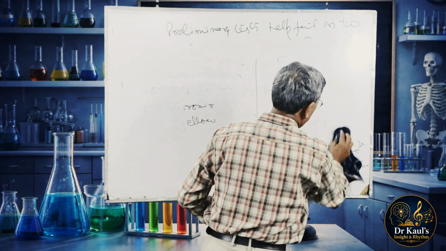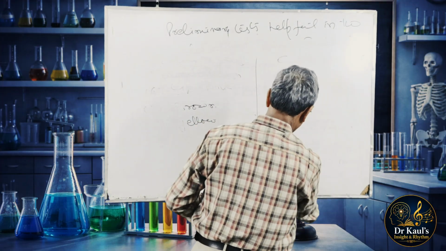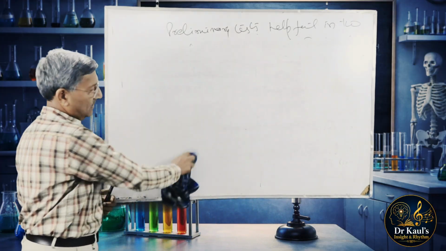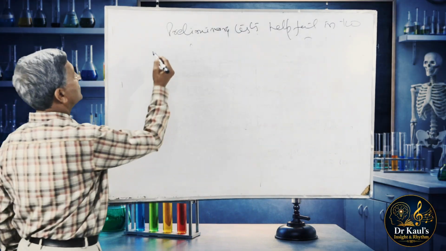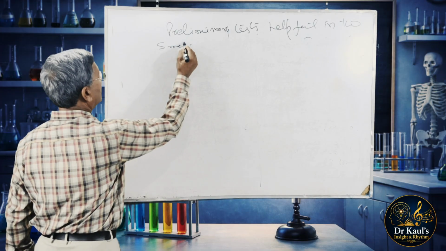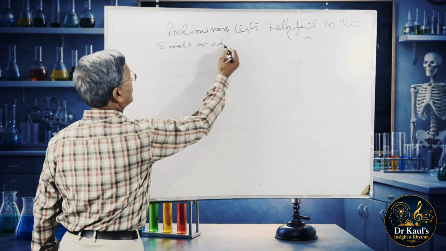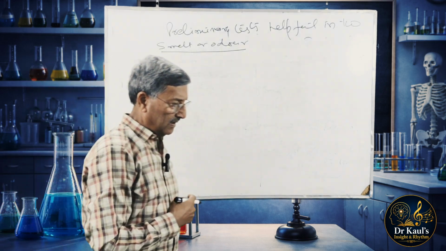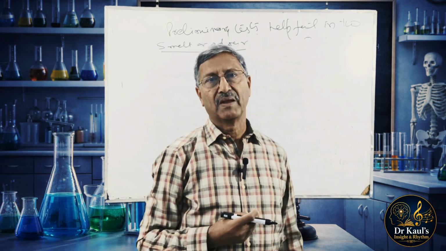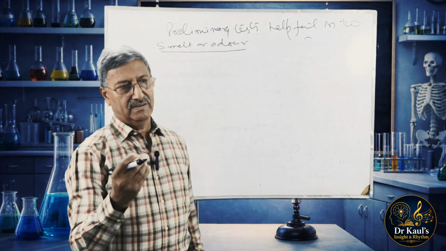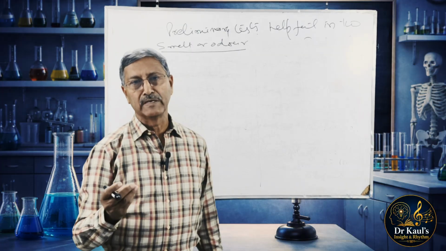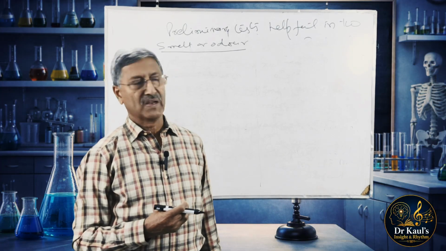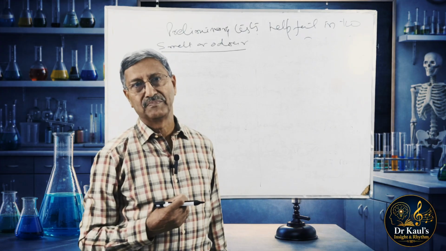Now, we come over to the second observation, that is smell or odor. We take the salt and just rub it between the fingers, of course gloved fingers, with a drop of water, and then we smell it.